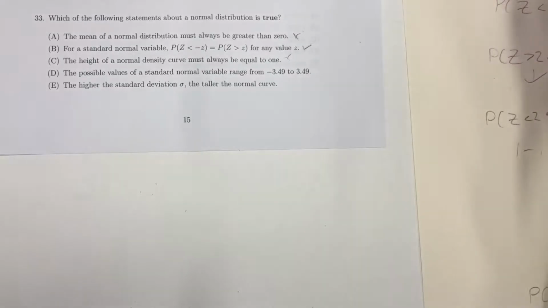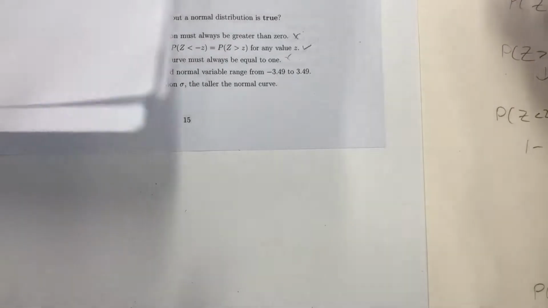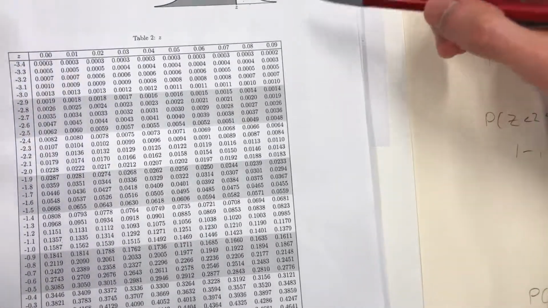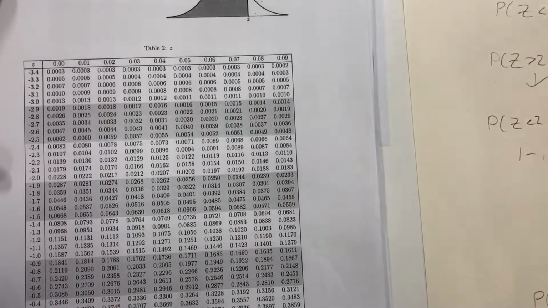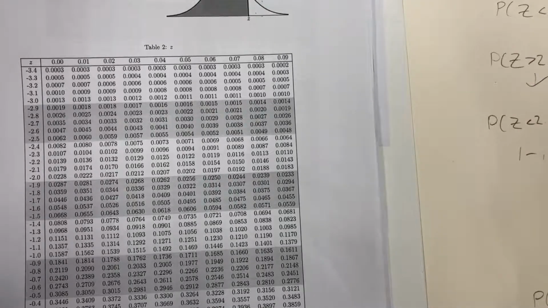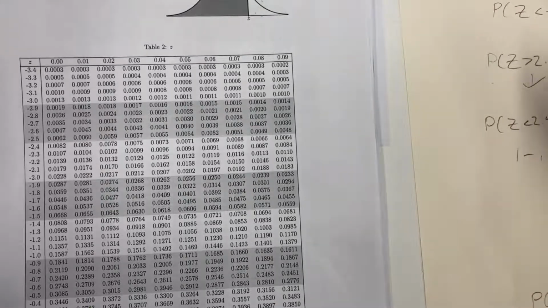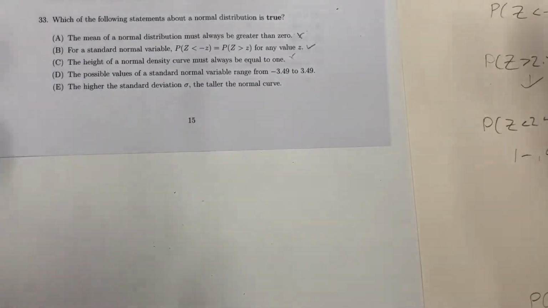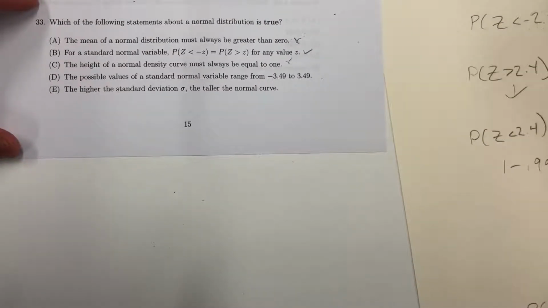Now, this is a trick question, but this is actually false because even though for our tables, we have negative 3.49 is 0.00002, we still have a Z value that is even smaller than that, or even more negative than that, that could give a proportion that is 0.00001 or 0.0000001. So that means that the range could extend far beyond to negative infinity if we wanted to.